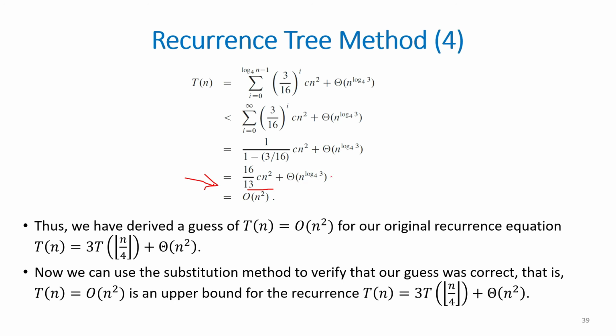As we are interested in the asymptotic behavior of this function, when n grows large, this term becomes insignificant, and therefore the order of the time would be O of n squared. So we can say that this would be a good guess for the recurrence equation. And using this guess, we can prove or verify the solution using the substitution method.